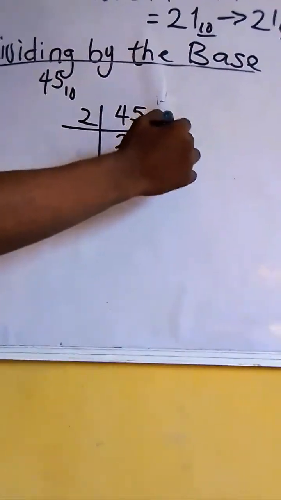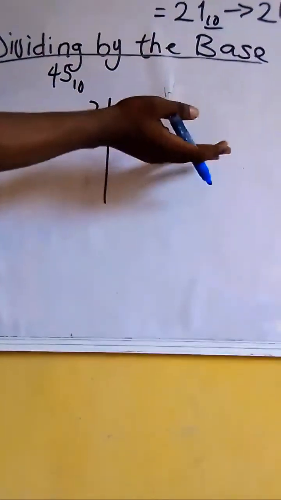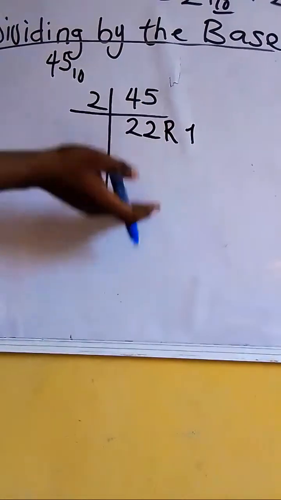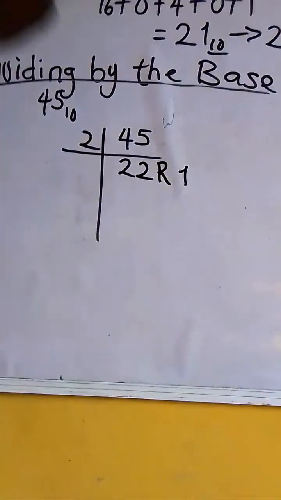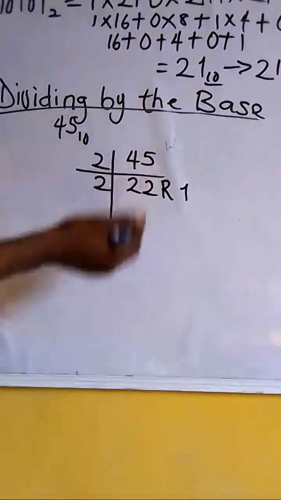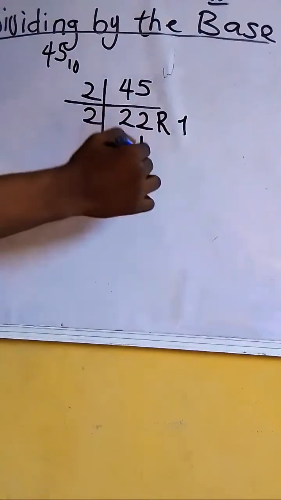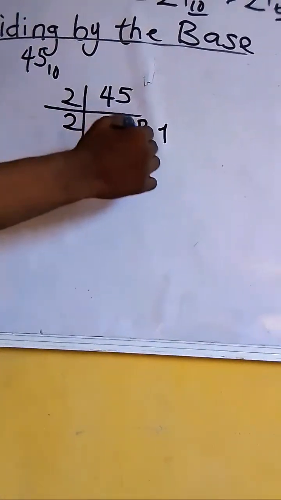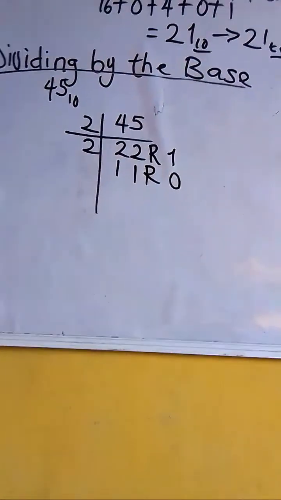So we put the remainder 1, because it's our remainders that will be our answer, not all these other numbers. The next one, divide by 2 again until we finish. 2 into 1, there was no remainder, so we say remainder 0.